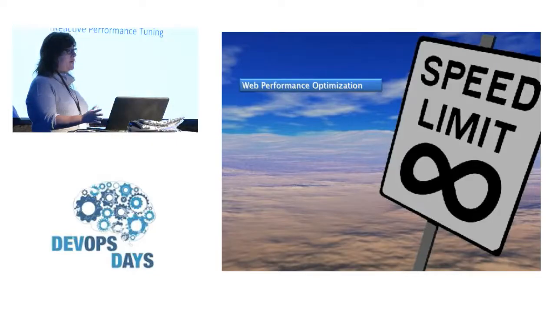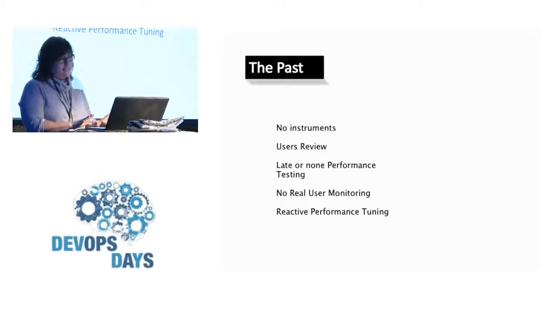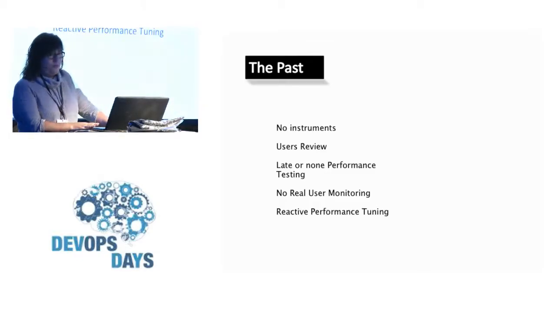So, where do we come from? What's our past? The past is dark, okay? We have no instruments, always as performance engineers. We have no user reviews, we have none, or late performance testing. We got no real user monitoring, we got no idea what our users were doing, and we are reactively performance tuning.